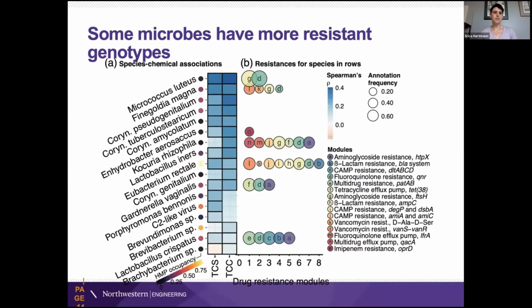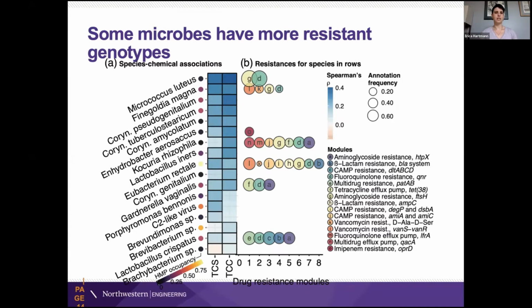And to cut to the chase, what we saw is that in samples that had higher concentrations of triclosan, we tended to see genera of microbes, and this is from the metagenomic data, that are associated with more frequent or more diverse antimicrobial resistance determinants.